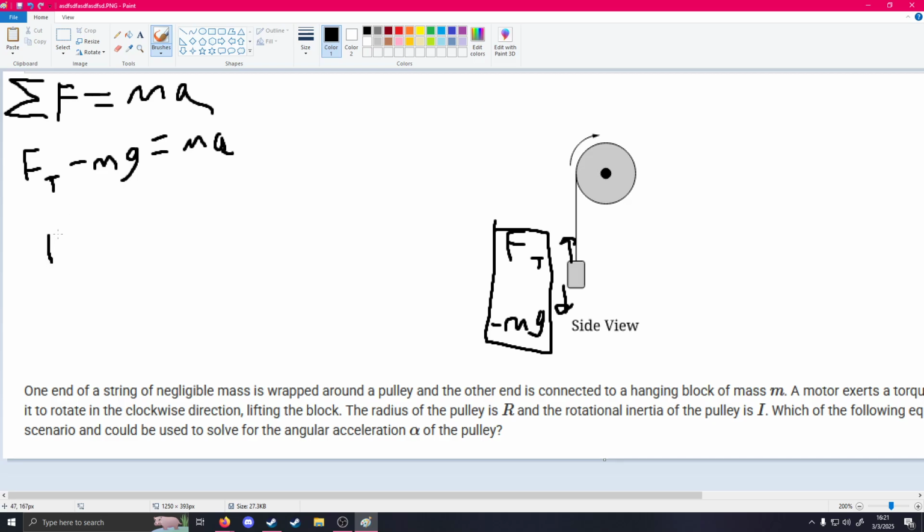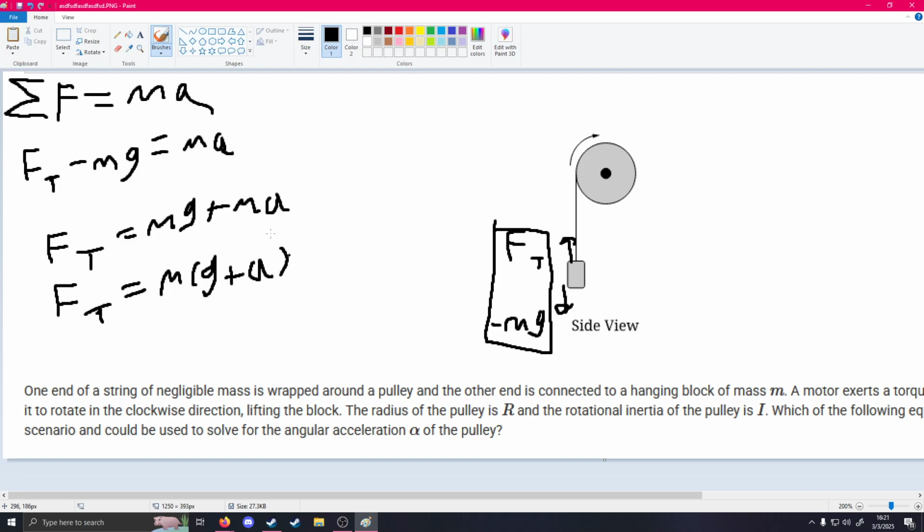So we get Ft equals mg plus ma. Now what we can do is factor out that m, and we get Ft is equal to m times g plus a.